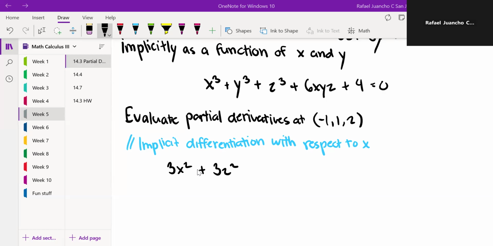We just treat it like a function, so we're going to add this. Then here's 6xyz. Well, we just take the derivative of x, so it's going to be a 1. So we have 6yz.